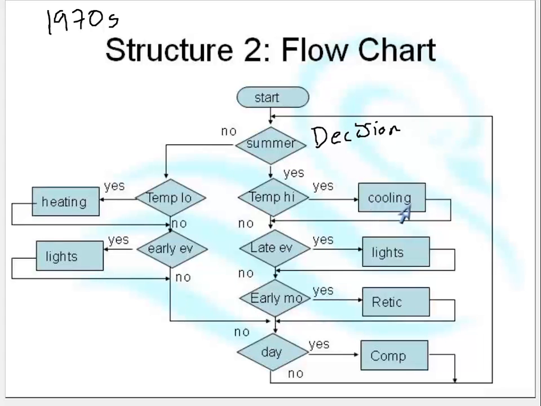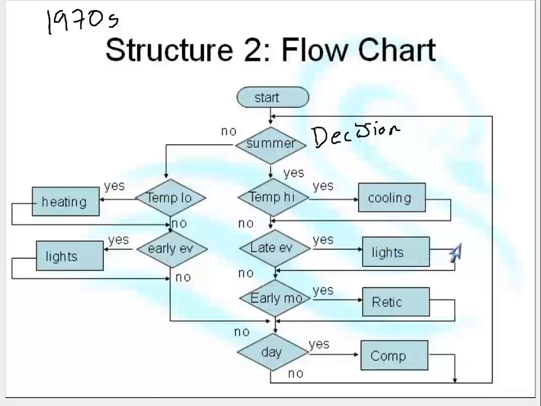See, rectangles are where we do actions. We actually make outputs or actually do things. So, yes, the temperature is high and it is summer, so we need to turn the cooling on. And then having finished turning the cooling on, we jump to over here. And then we say, going down this line, is it late evening?